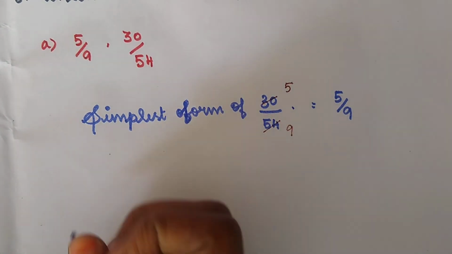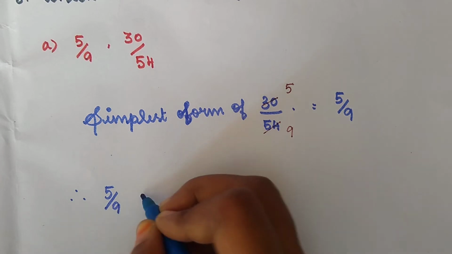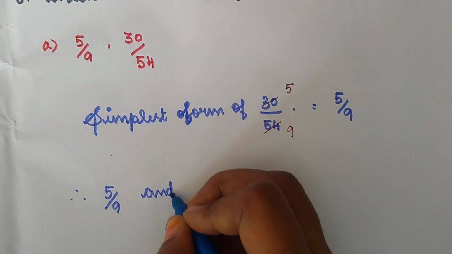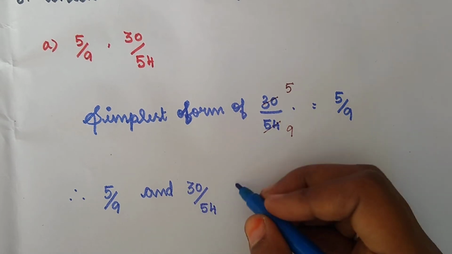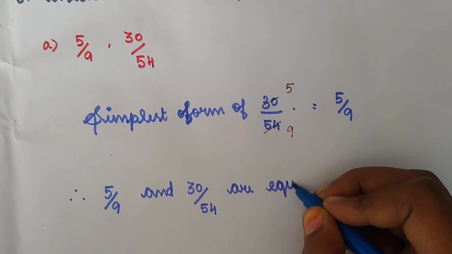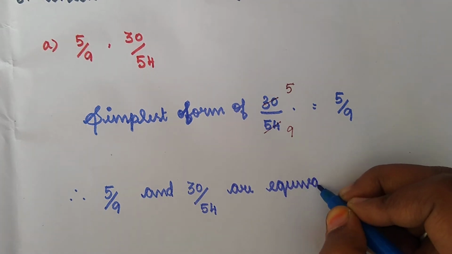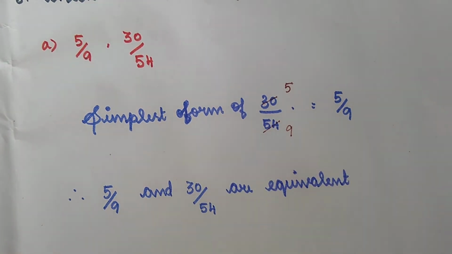Hence, therefore, 5 by 9 and 30 by 54 are equivalent fractions. Both are equivalent.